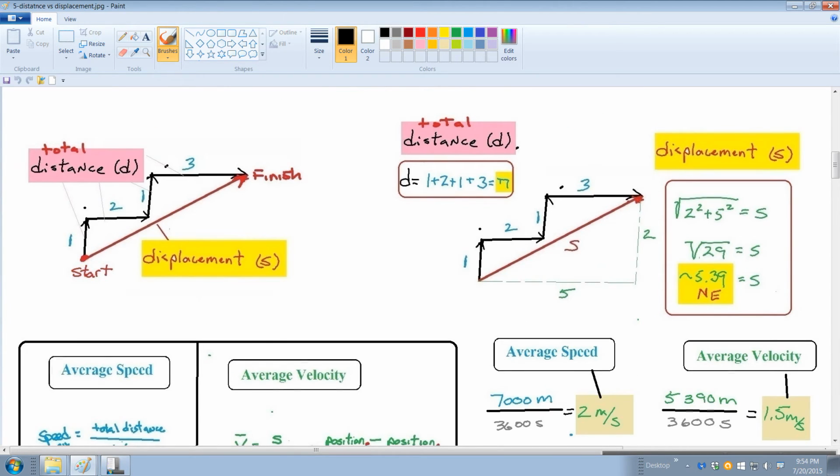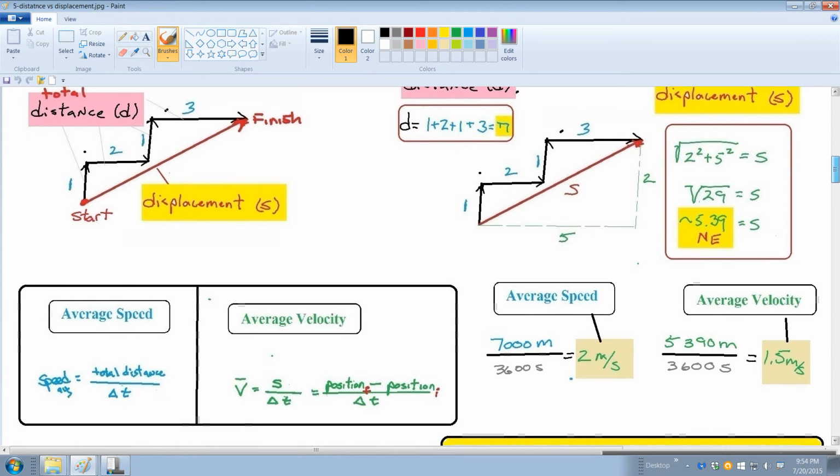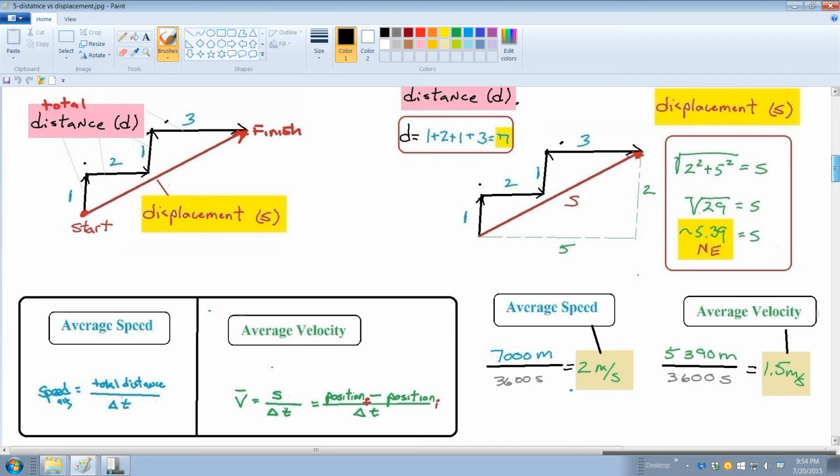Now, if we want to determine the average velocity and the average speed, which are terms that are used a lot and compared a lot, and questions are asked a lot about the differences between these two in your physics course, let's just assume that this trip took an hour.